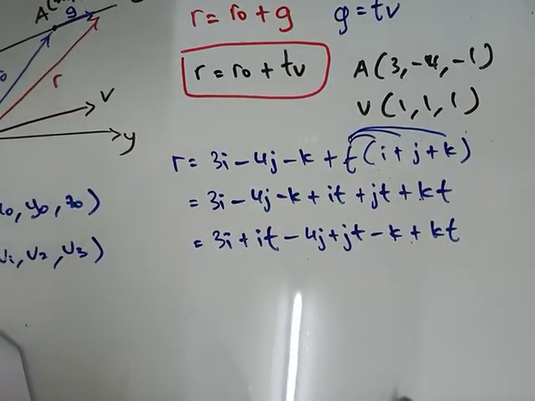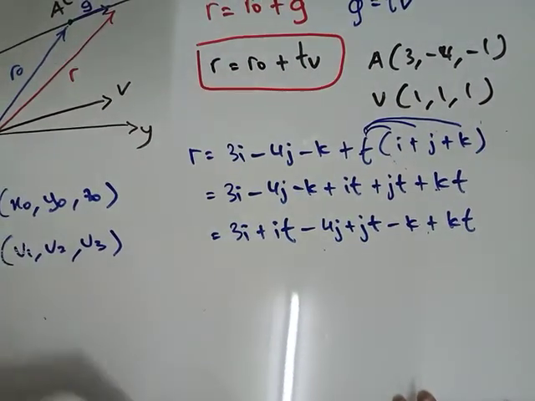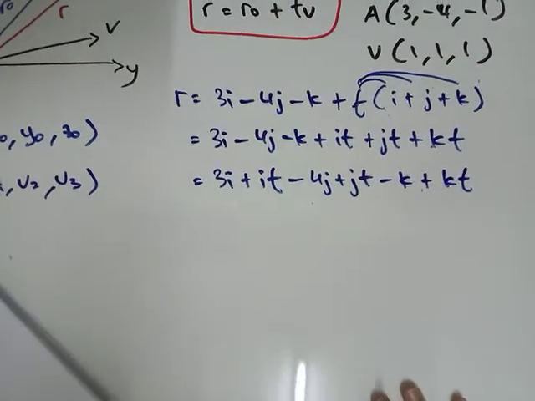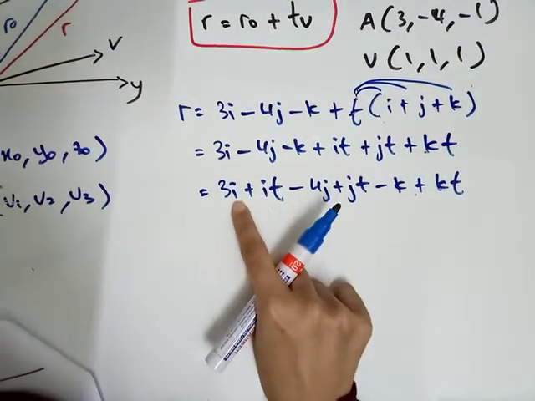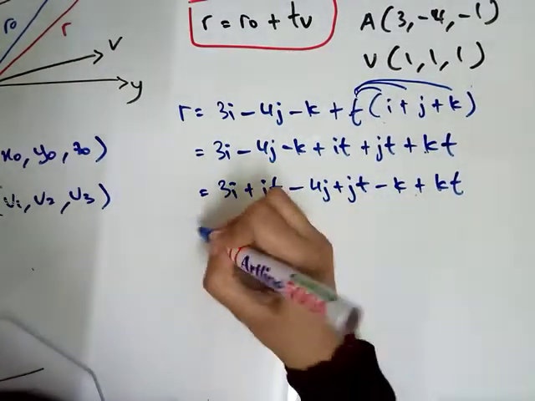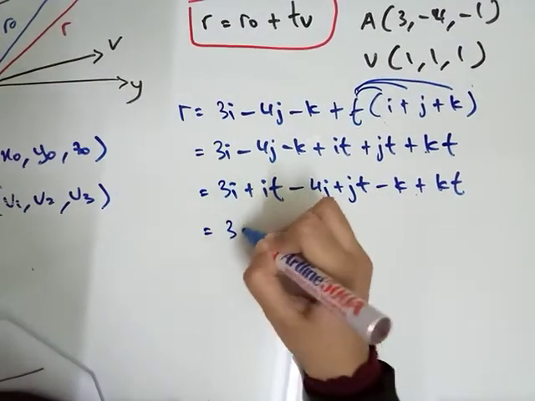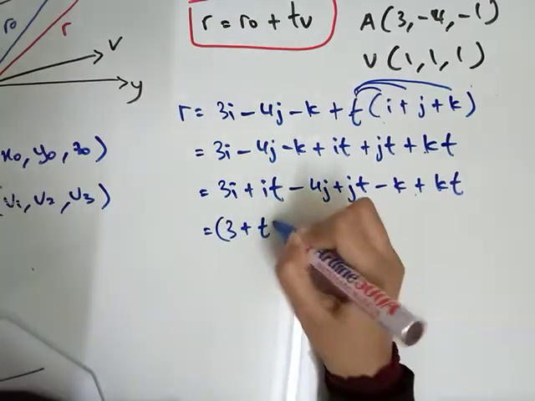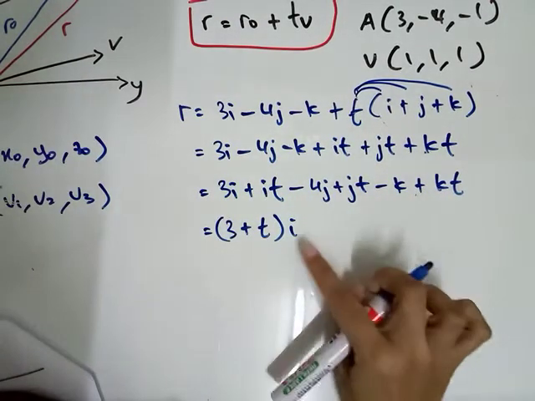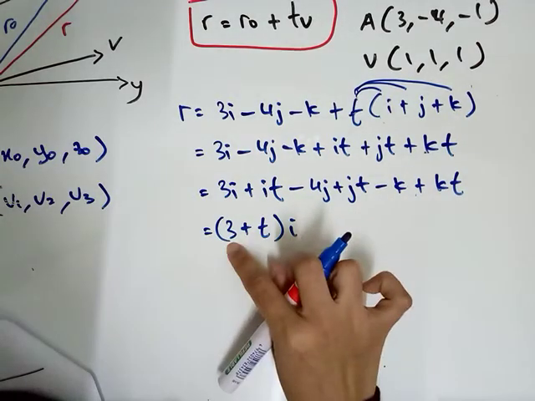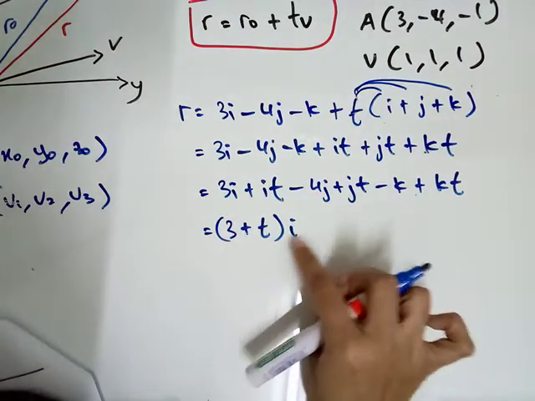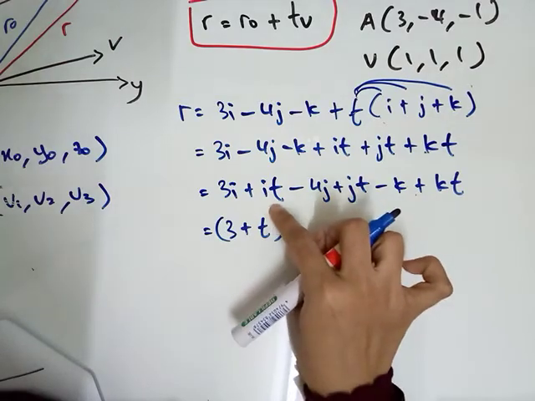And then we have to factorize the I, J and K. Factorize I: 3 plus T, so I times 3 we get 3I, I times T we get IT.